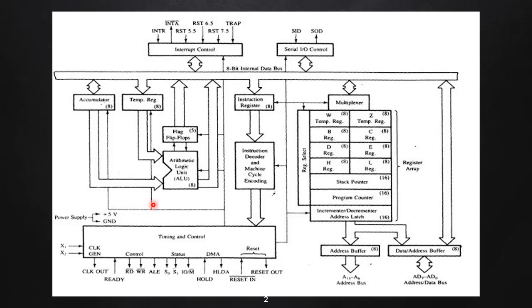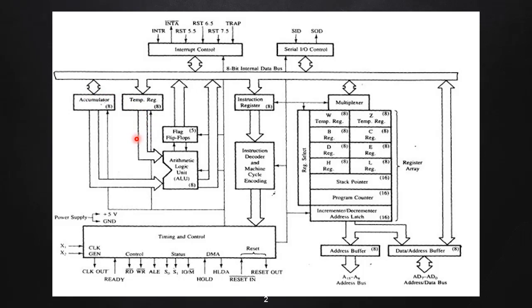Then we studied the accumulator. Accumulator is used to store the result of arithmetic and logical operations. Then we saw the temporary register. Temporary register is used to store temporary values. Then we studied what is ALU.